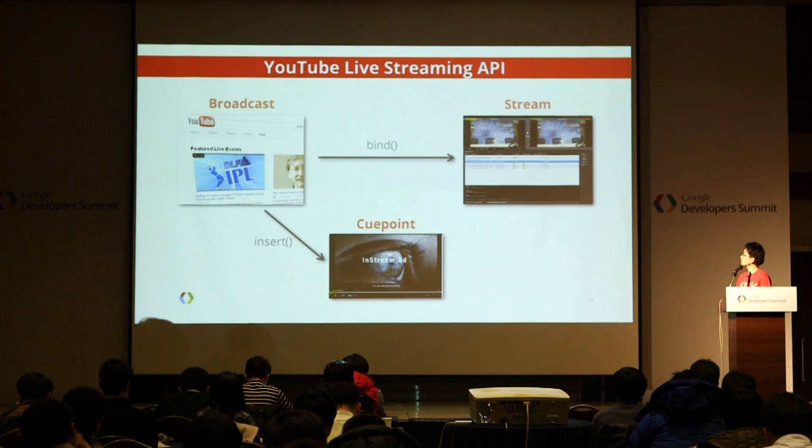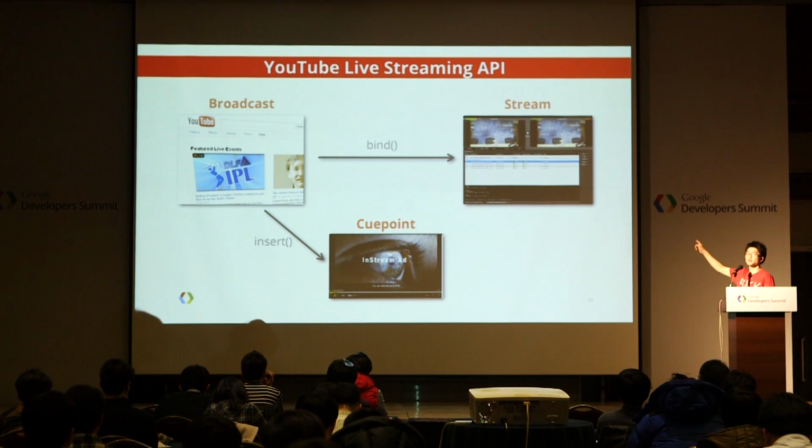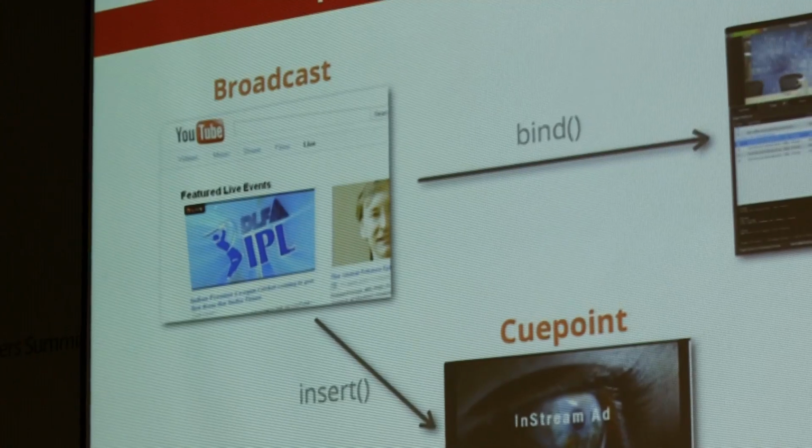Okay. So this is how the YouTube API is working. In YouTube Live, we call each live streaming event a broadcast, on the left side, and then we call each actual video live stream setting a stream. Then you can bind the broadcast and the stream setting using the API.